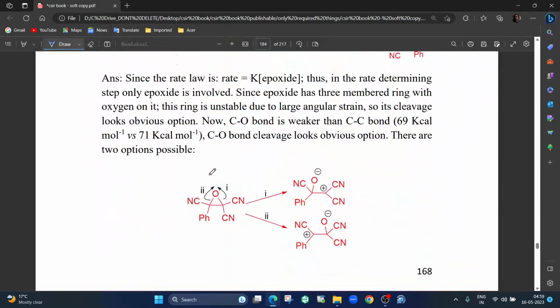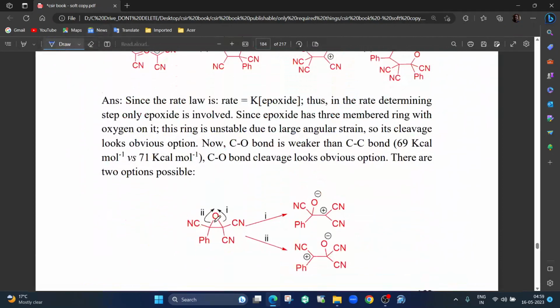So the first step is, of course, it will break. Now there are two possibilities. It can break from 1, what I have shown, or it can break from 2, right? Apart from that, a very important thing is that the CO bond is weaker than the CC bond any given day. The CO bond is 69 kilocalories, whereas the CC bond is 71 kilocalories.